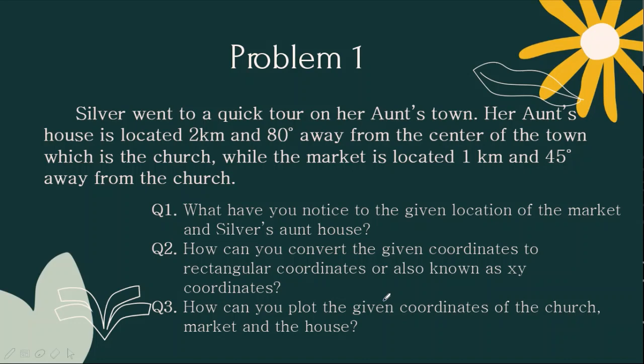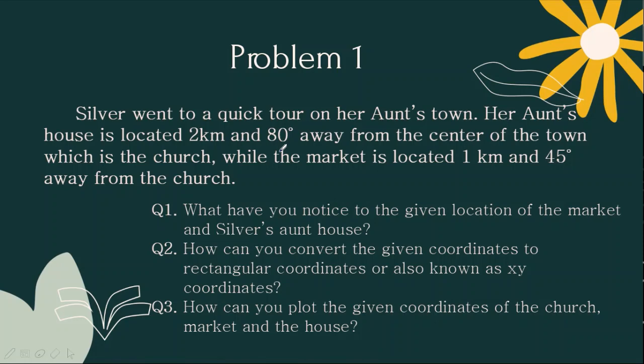So, what have you noticed about the given locations of the market and Silver's aunt's house? Going back, the aunt's house is 2 kilometers and 80 degrees away from the center of the town. Okay, so the given location is in polar coordinates, the same with the location of the market.